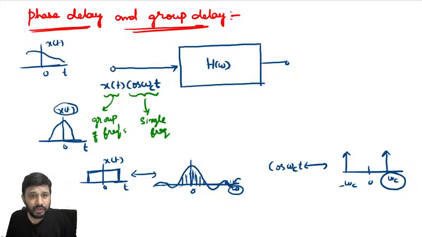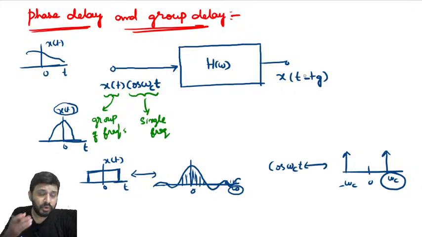And if you are going to pass this kind of signal, x of t multiplied with cos omega ct, whenever you pass it, there may be a delay in the signal x of t and there may be a delay in the signal cos omega ct also. The delay I am going to get in the signal x of t is what is known as group delay, meaning a group of frequencies, many frequency components are there.